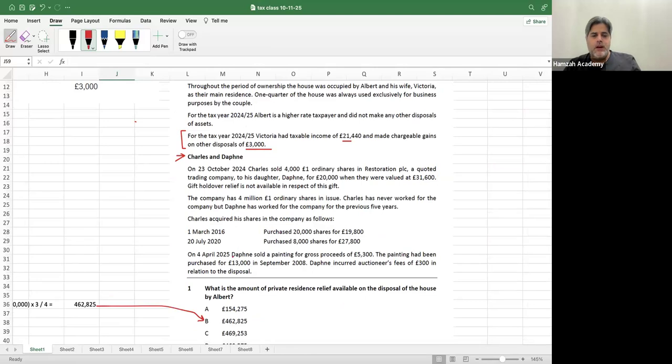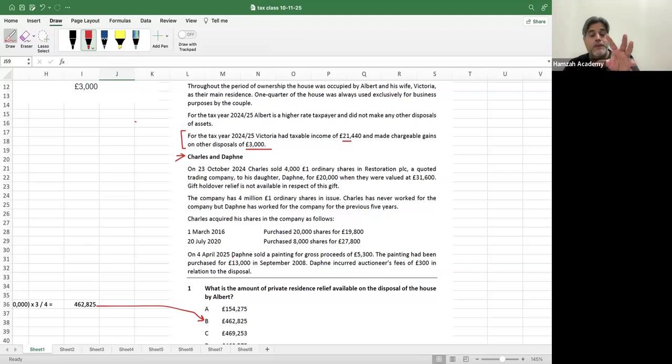Now, as far as the gift holdover relief is concerned, we just have to recall the rules for it.